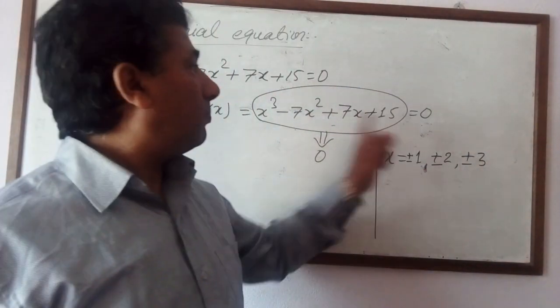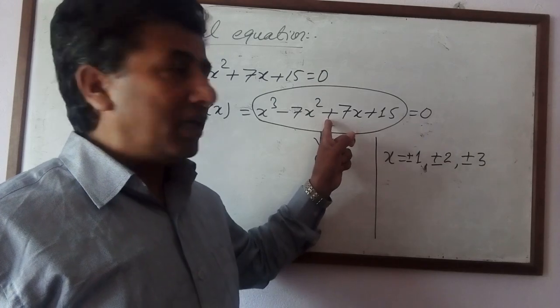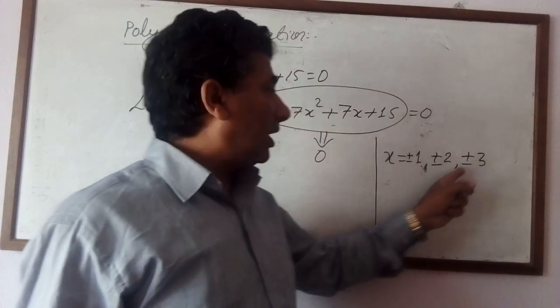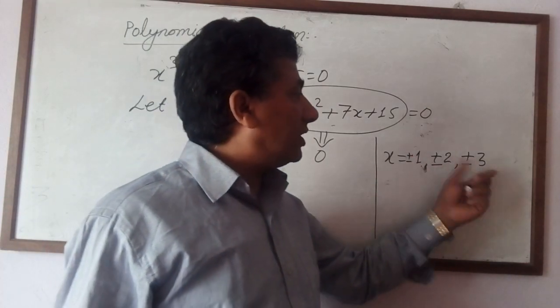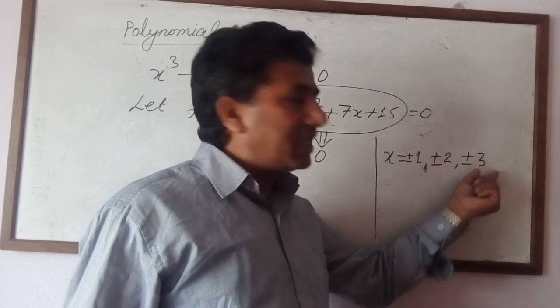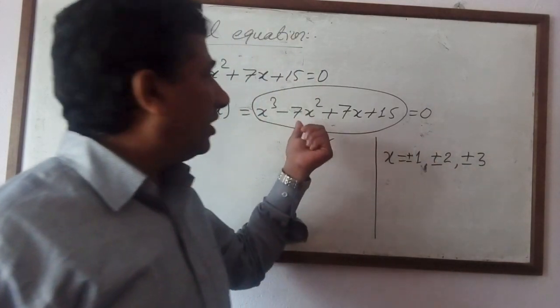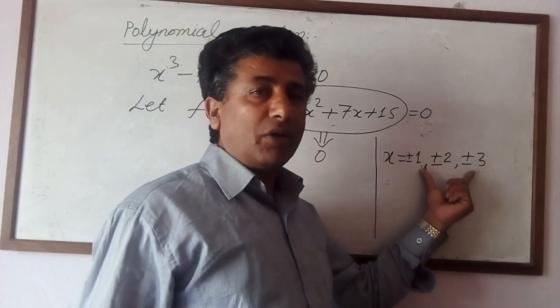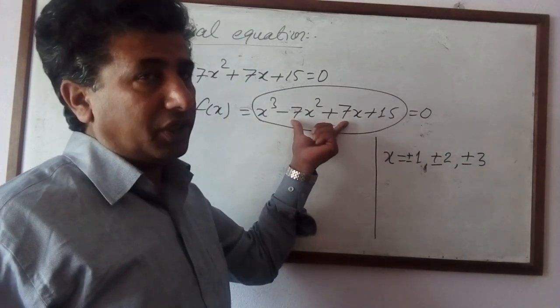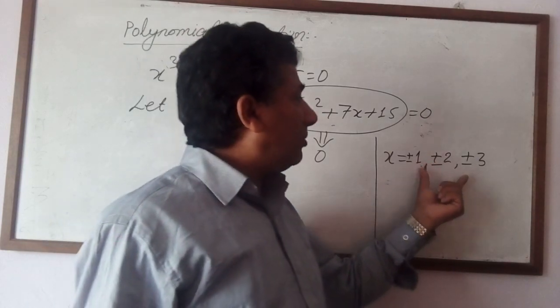So the 6 values are plus minus 1, plus minus 2, plus minus 3. Out of these 6 values, surely one will give the polynomial value 0. What is the meaning of this?